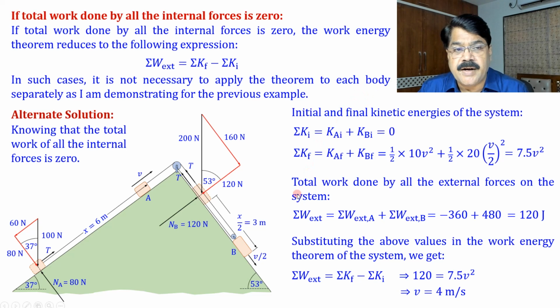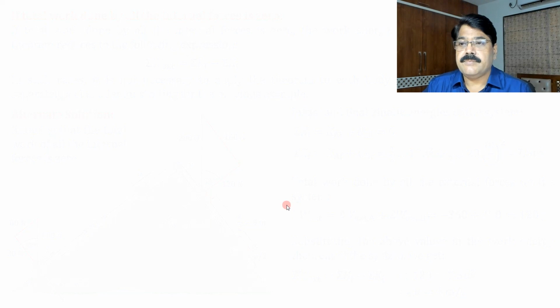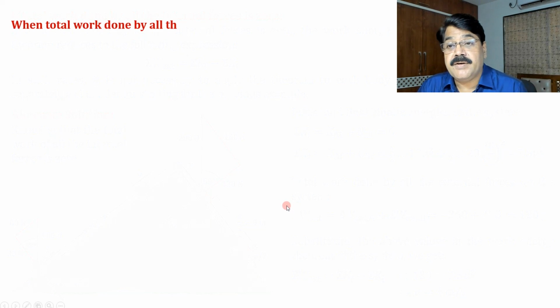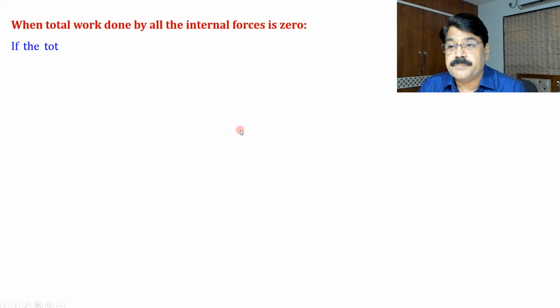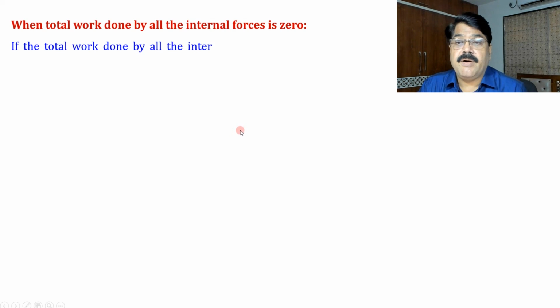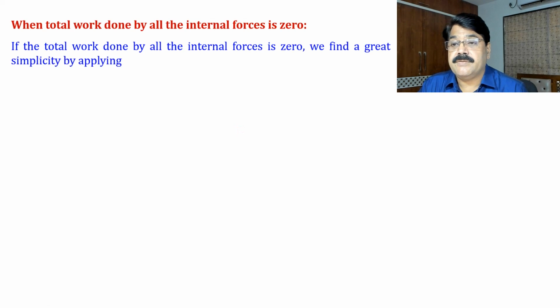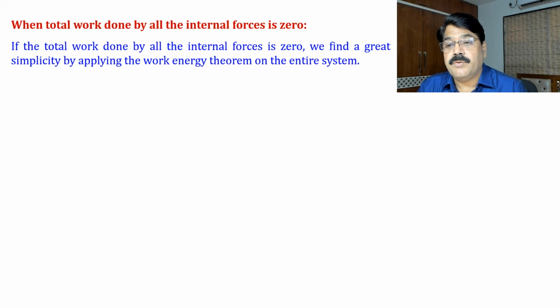So let us now decide the conditions under which total work done by all the internal forces will be 0. If the total work done by all the internal forces is 0, we find a great simplicity by applying the work energy theorem on the entire system as a whole.